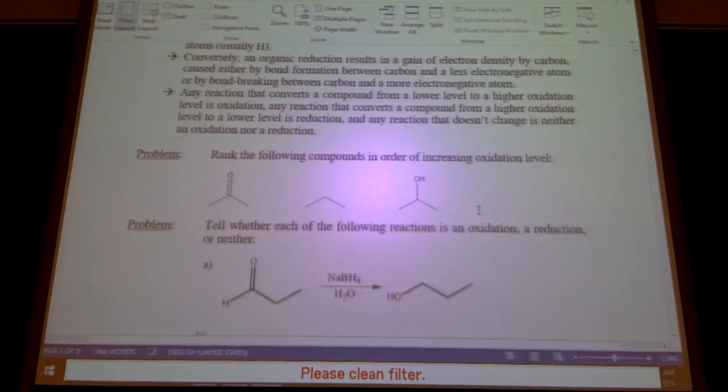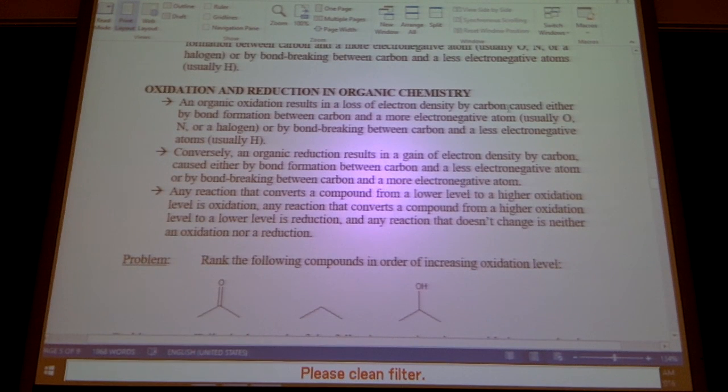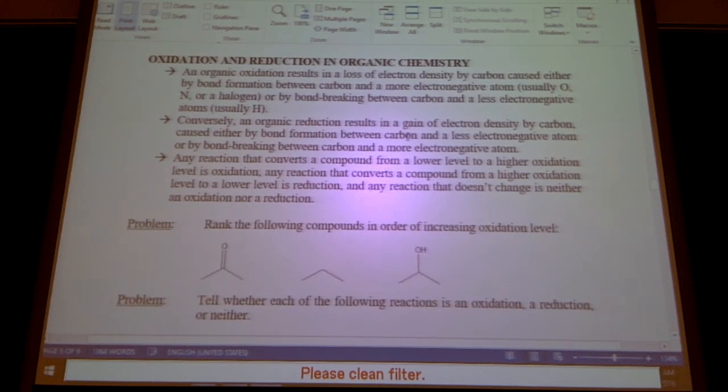Because, let's go back to the definition up here. Organic reduction results in a gain of electron density by carbon, caused either by bond formation between carbon and a less electronegative atom or bond breaking between carbon and a more electronegative atom.